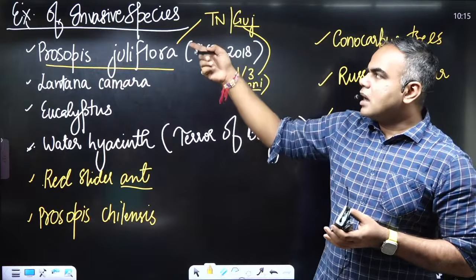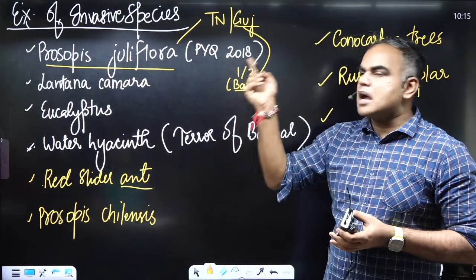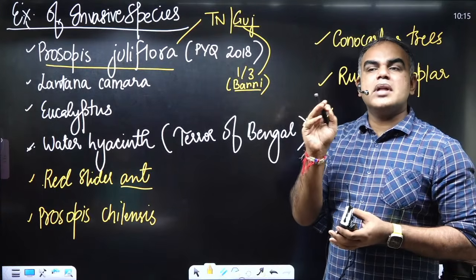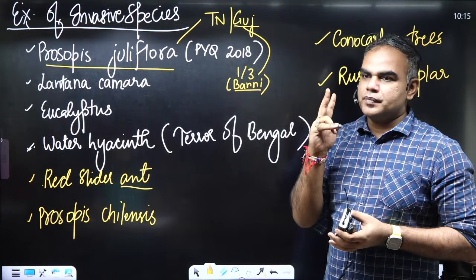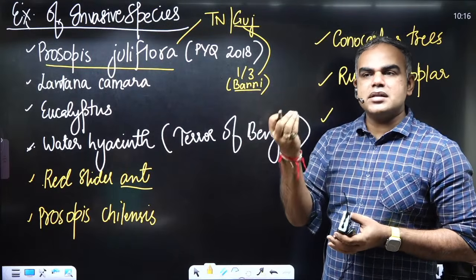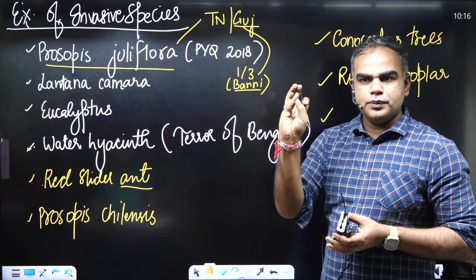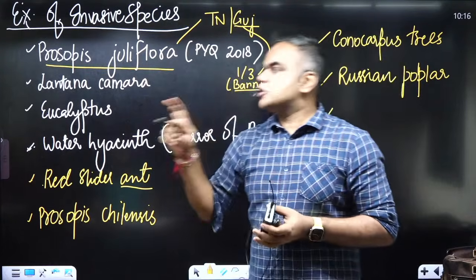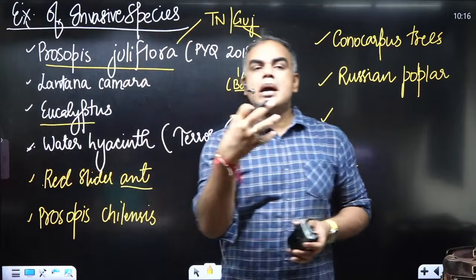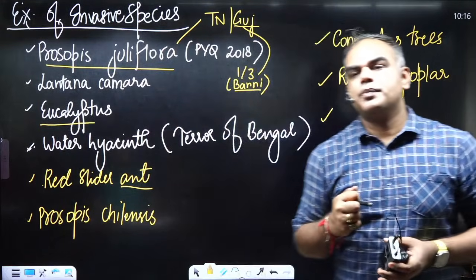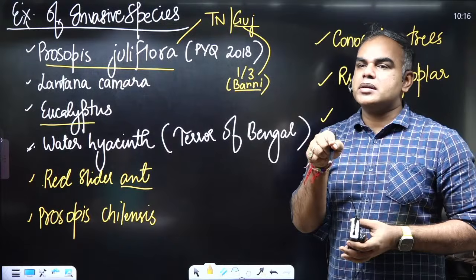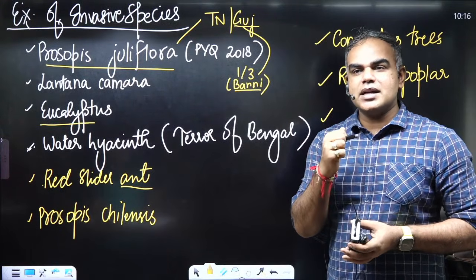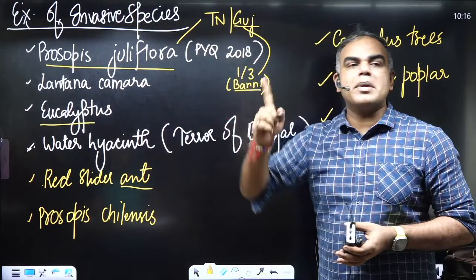Now, you may get the impression that these are very bad species, right? They lead to a lot of harm, but please remember they serve dual purpose. There is a reason why they are being added. They can have a decorative value, but they can also have a useful value. For example, Prosopis juliflora or even eucalyptus can absorb large amounts of water, right? This is the good part. But something that absorbs so much water will also need more water, right? Second thing, what will the problem be when they rapidly multiply?